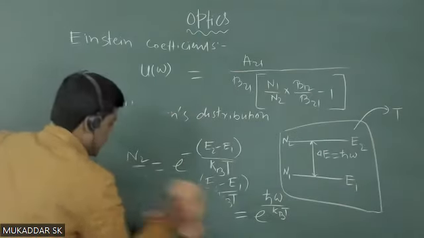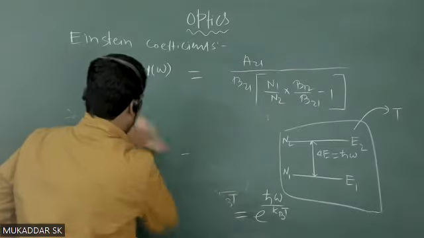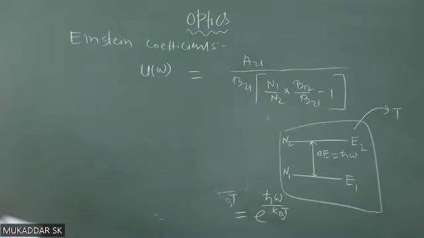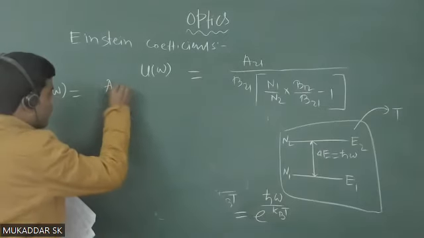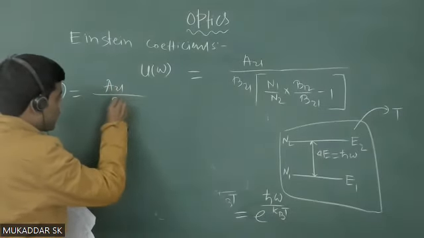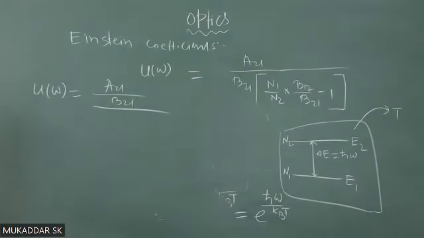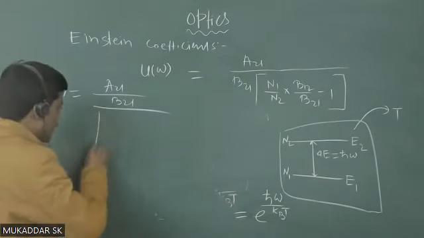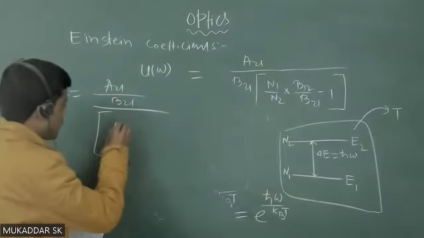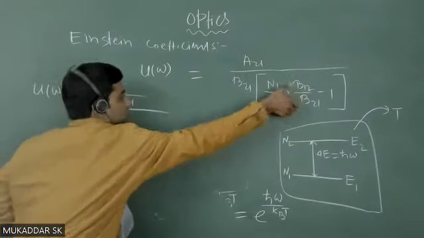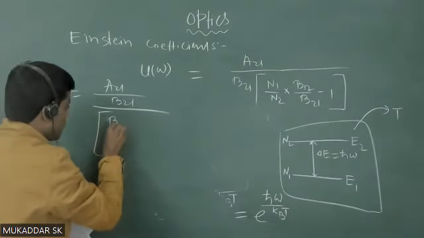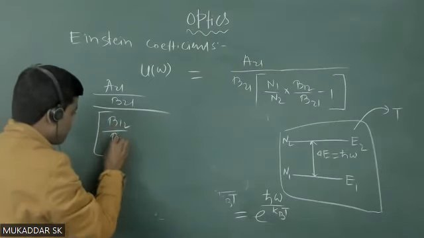Then what I can write is that the energy density of EM radiation will become U of omega, and that will be A21 by B21, then B12 by B21.